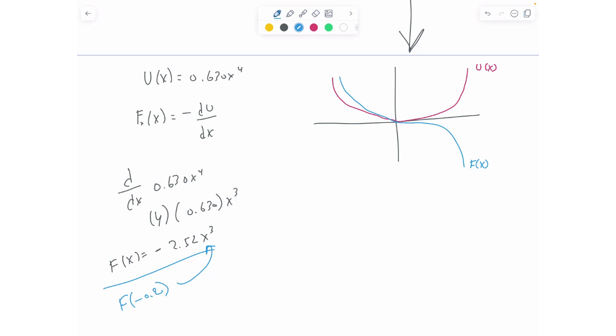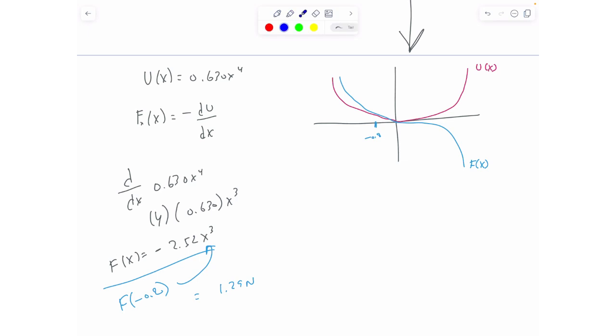And then this is a negative, so a negative and a negative is a positive, and you would end up with 1.29 newtons. So the force at a displacement of negative 0.8 is 1.29 newtons.